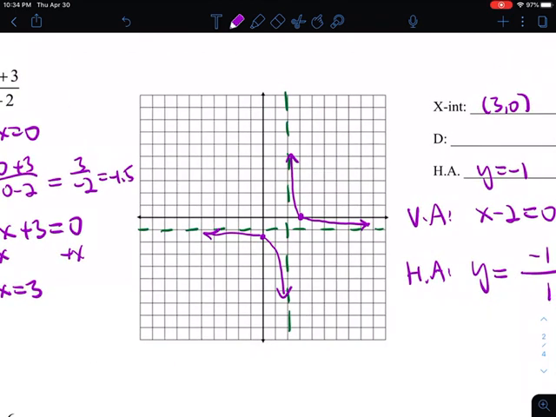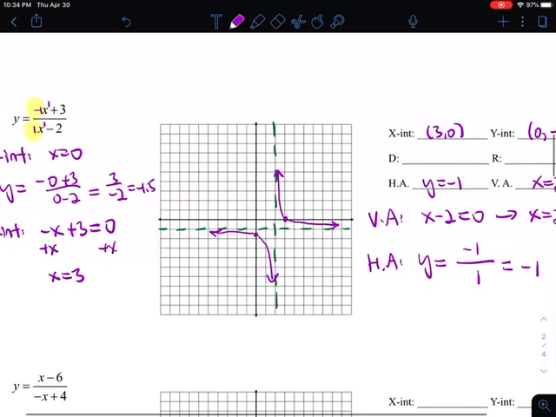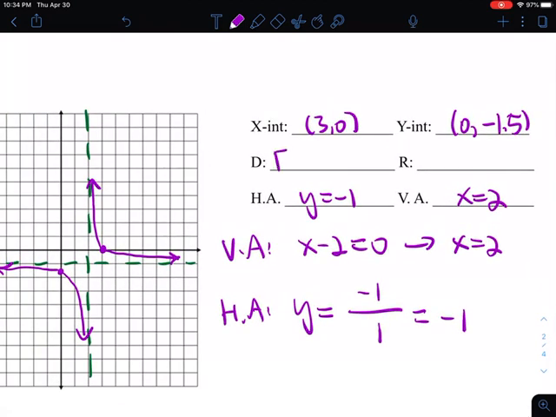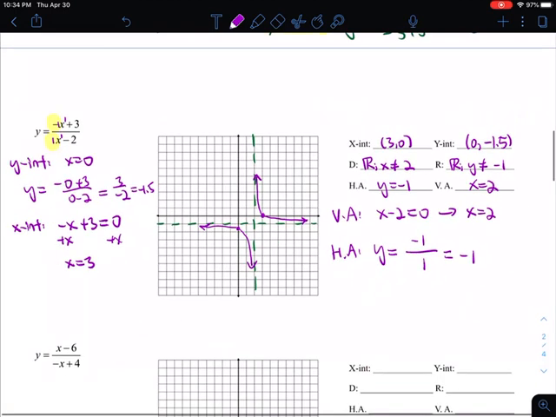So the shapes actually look pretty similar to the ones that we did last time, but the functions are different, right? Because here the functions have the variable on both the numerator and denominator. Domain and range. Domain, all real numbers except x cannot be 2, it looks like. And then range, all real numbers except y cannot be -1.